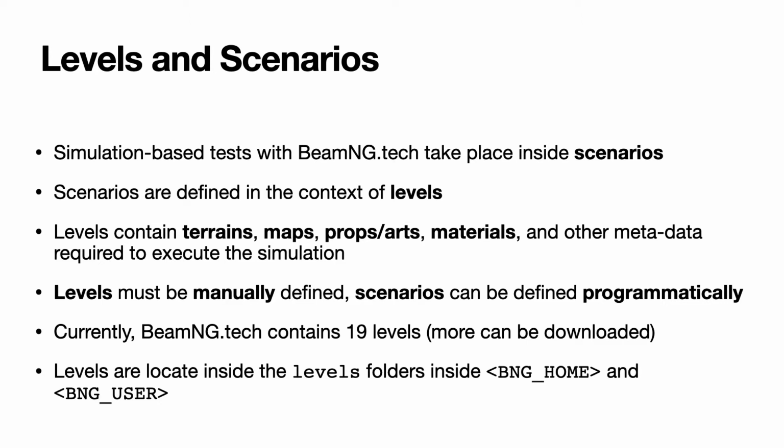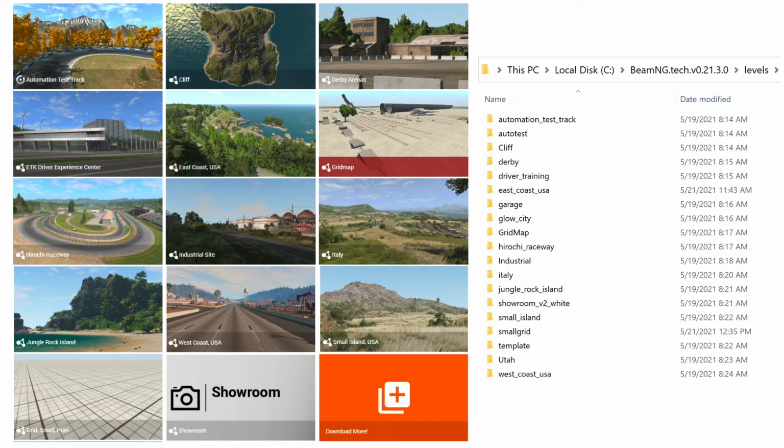The level folders are located under BeamNG home levels. And here I just show some of them. You can see there are many different configurations. You have racing tracks, you have plain, flat levels, you have mountains, you have testing rigs, whatever you want, it's there. And then you can use it to run your simulation-based tests.